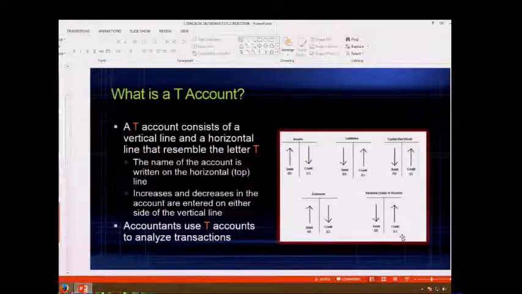And then the last one that they talk about is an expense account. Okay? Expense accounts are also contra accounts, right? What happens to my equity, my capital, when I have an expense? My equity goes down, right? Because I'm taking money away from my equity to pay that expense.